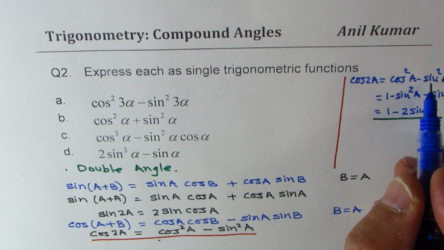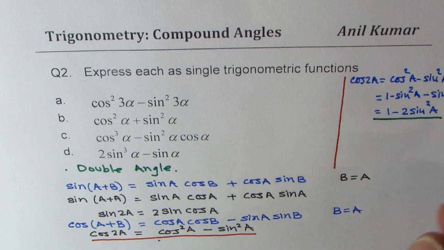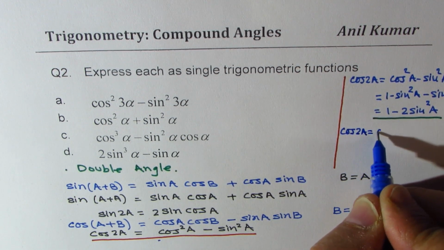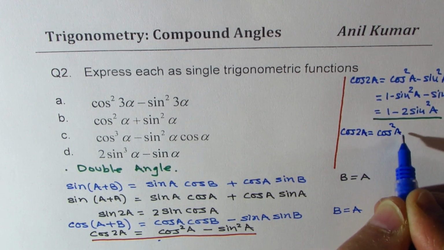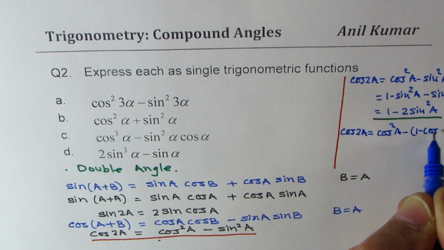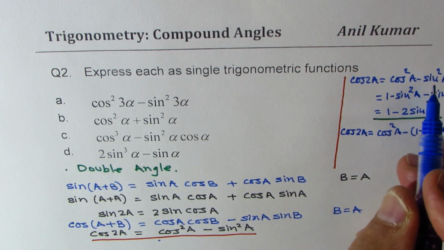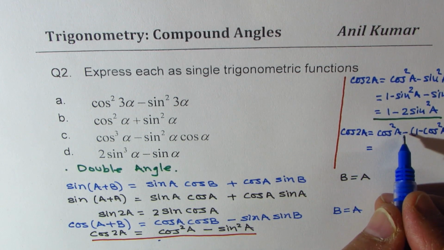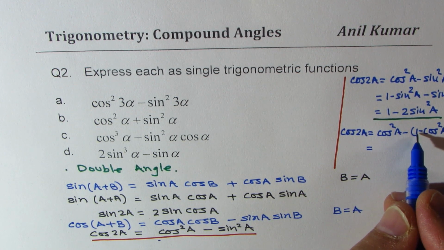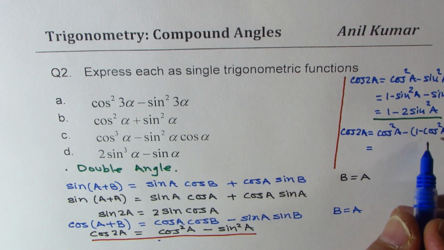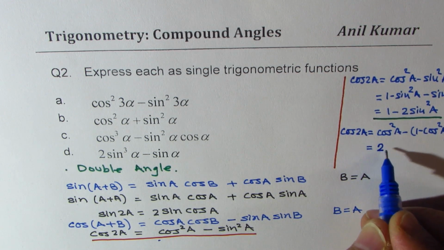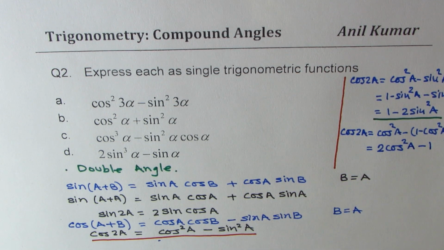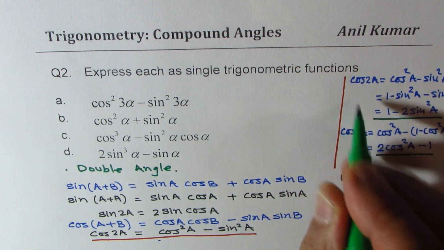But if I change sine square A as 1 minus cos square A, then what? That is to say, cos 2A equals cos square A minus 1 minus cos square A. Correct? So now I am changing sine square A as 1 minus cos square A. So minus 1, but minus and minus makes cos square A positive. So we get 2 cos square A minus 1. So we get another formula for cos 2A.